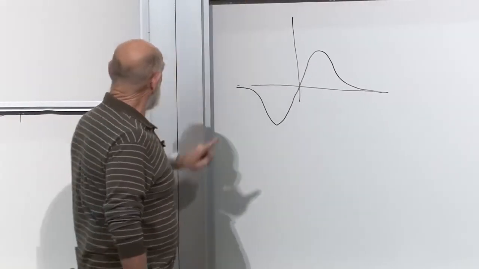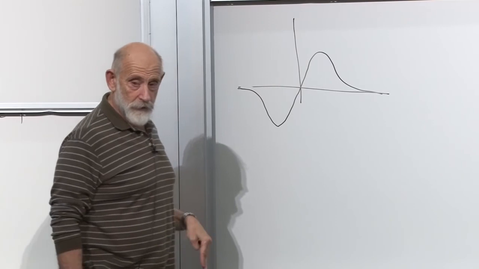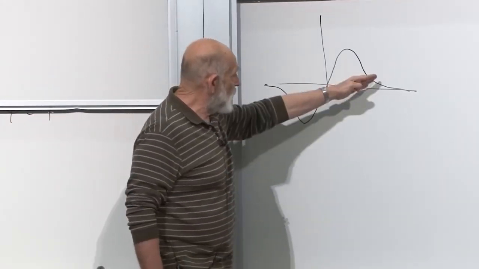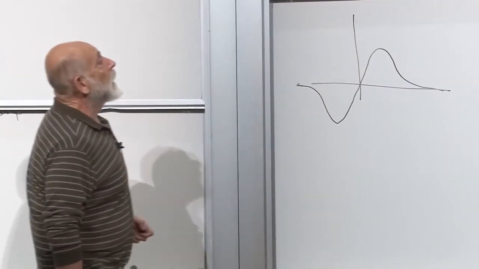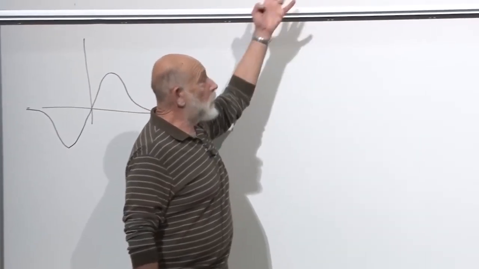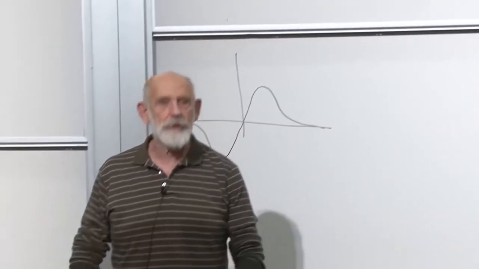The ground state had no nodes. A node means that the wave function is 0 somewhere. The ground state had no nodes. The first excited state has 1 node. Each time you act with A plus, you can just spend a little bit of time with it. You'll see how it works.